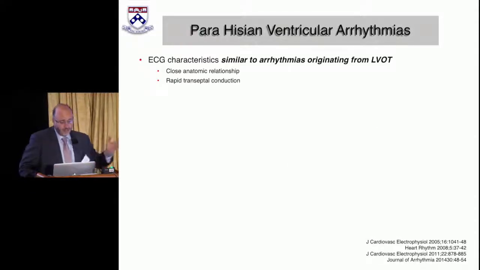So the lesson learned from a lot of the studies published is that this is not a specific focal arrhythmia that comes from the His or in the His Purkinje network. Rather, this is some sort of arrhythmia that has a close anatomical relationship to other sites, because they're similar to things that come from the RVOT, at least in the electrocardiogram.